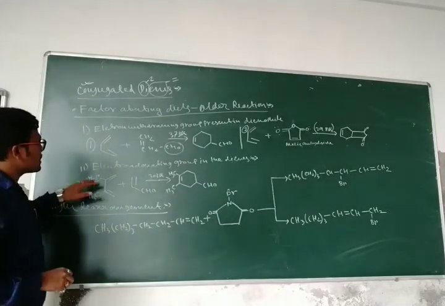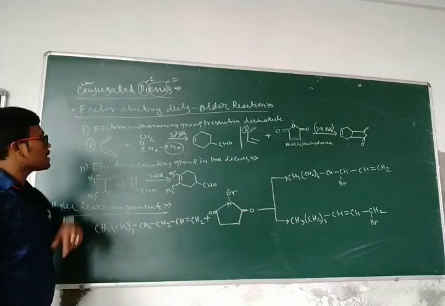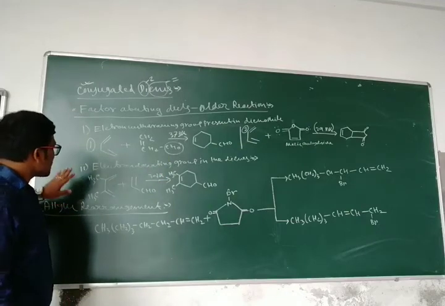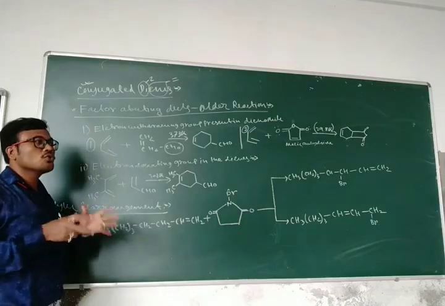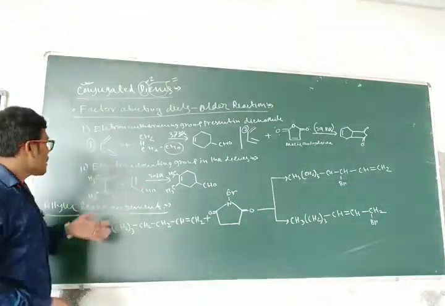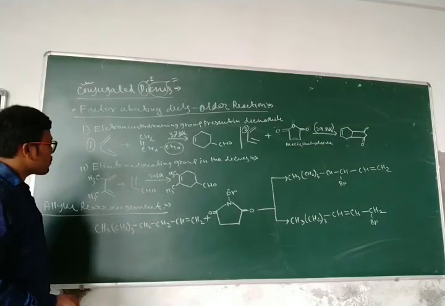Okay. Next, that is electron donating groups present in the diene. If an electron donating group, a group which has the probability to donate electrons to the compound, is present, then what will happen?